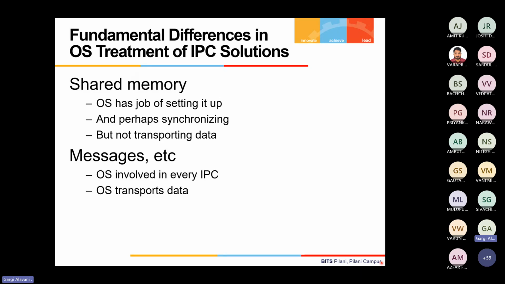It is taken care of by the memory, because memory is shared between the processes and they manage it. In message passing, the OS is involved in every step. The OS is responsible for transporting the data.